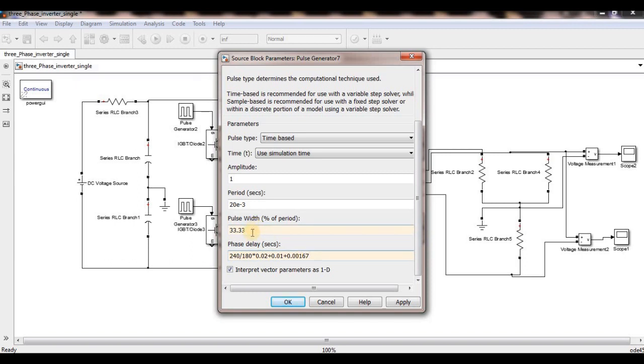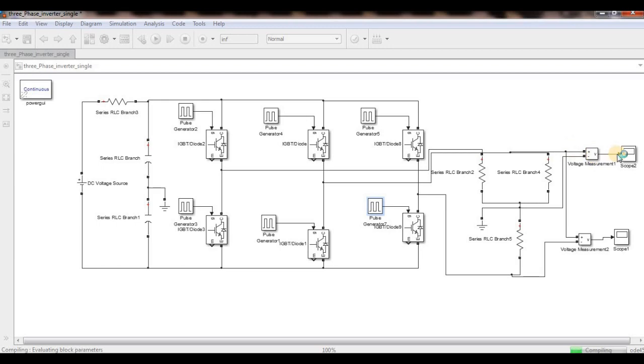This 33.33% is because of the 120 degrees conduction mode; the pulse will be present for 120 degrees of conduction. It starts from 30 to 150, and this 0.00167 is the 30 degrees delay.